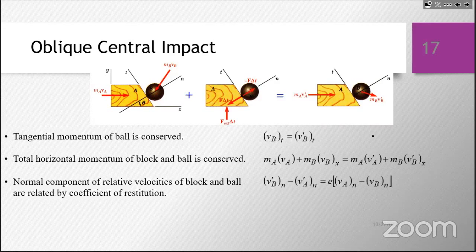Finally, we can use our coefficient of restitution. But that's back at normal. Why? What's going on? Does that even help us? Well, look. Remember, we should be able to figure out what that angle is for VB.